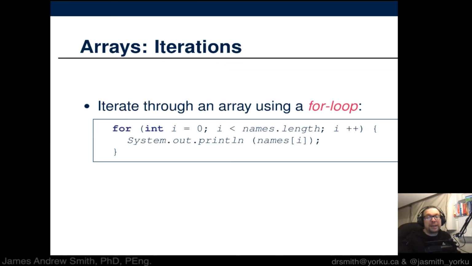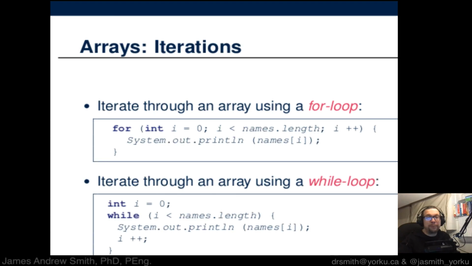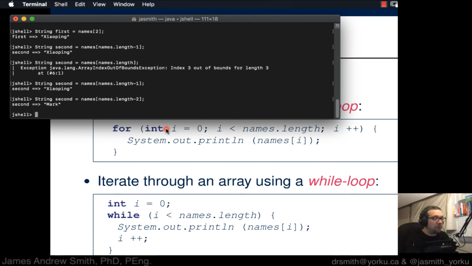Okay. And then from there, we can take a look at what would happen if we were to access these names inside of a for loop or a while loop. So let's print out all the values inside. If I go inside of JShell, I go for int i is equal to 0, i less than names.length, and then i is equal to i plus 1.